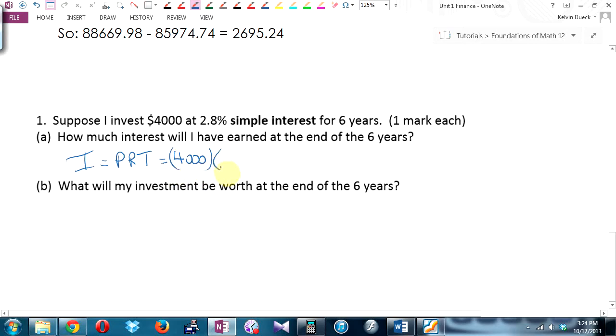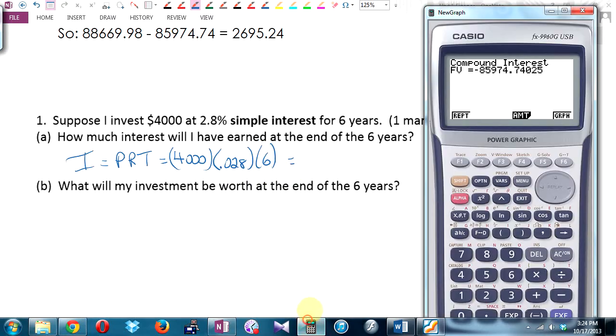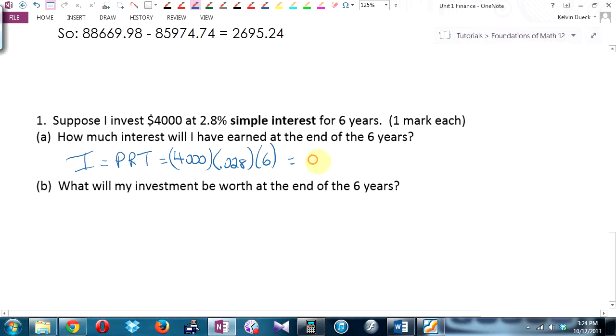R as a decimal is 0.028. Time is 6 years. 4,000 times 0.028 times 6. Now this is the interest, and that's all this equation gives us.